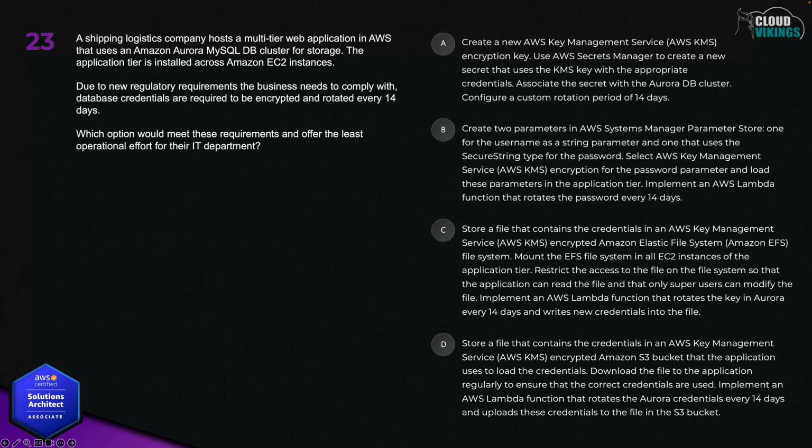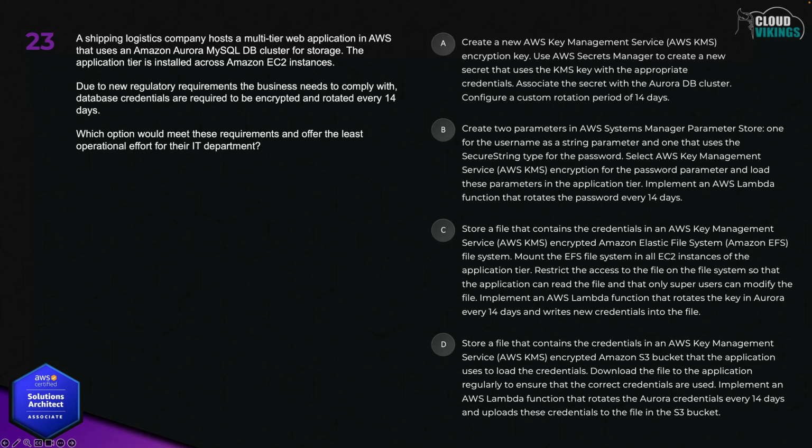B. Create two parameters in AWS Systems Manager Parameter Store, one for the username as a string parameter and one that uses the secure string type for the password. Select AWS KMS encryption for the password parameter and load these parameters in the application tier. Implement an AWS Lambda function that rotates the password every 14 days.